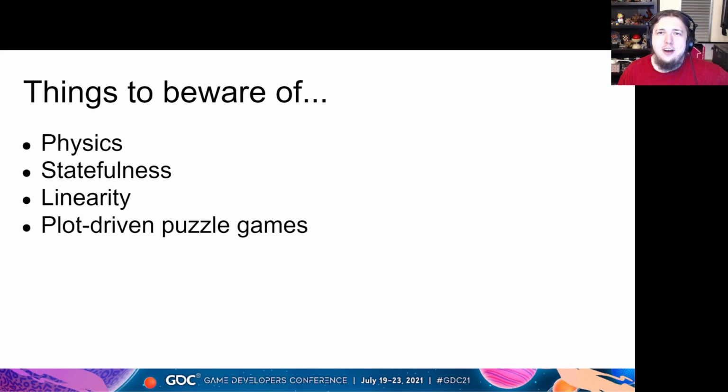Having to sand off the difficulty or the challenges or the interestingness of your puzzles in order to preserve player flow through the linearity, that can be a tough decision to make, because maybe that precious eureka moment that you wanted to have is not going to be as impactful because you've had to stick it in a puzzle where it's just spoon-fed to the player. Maybe that's the design you're going for, and that's fine.